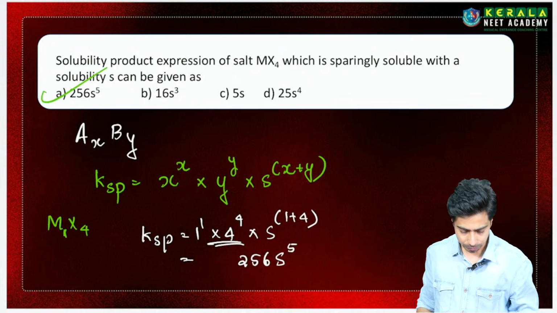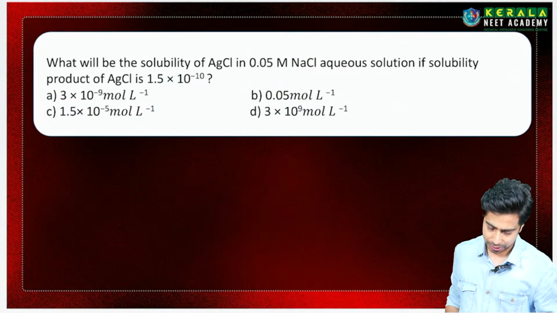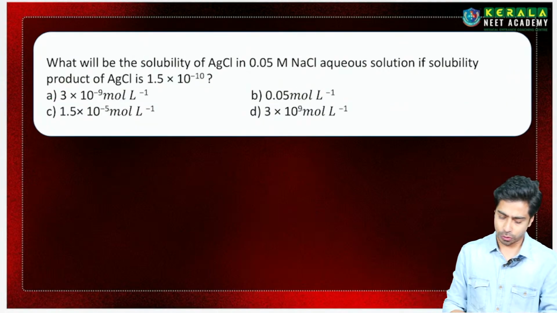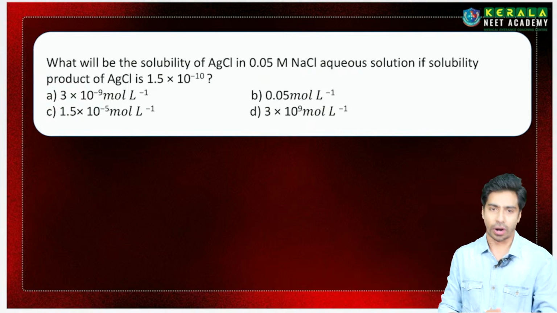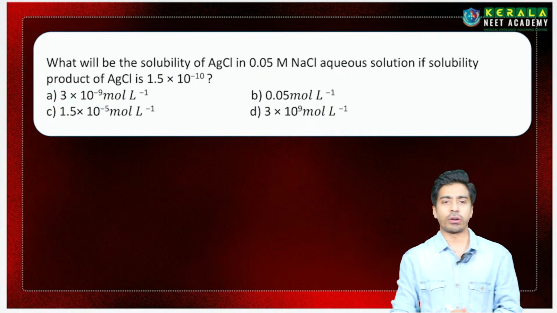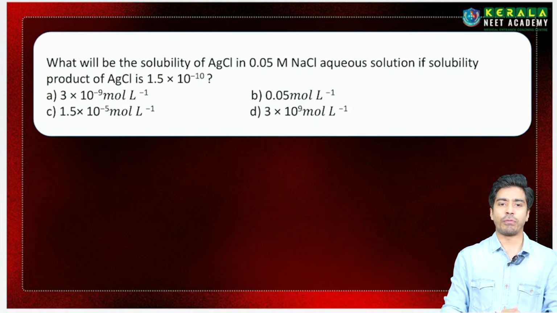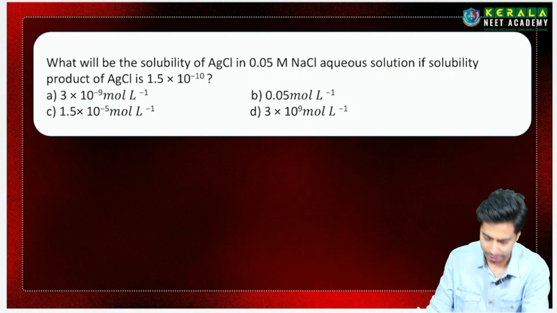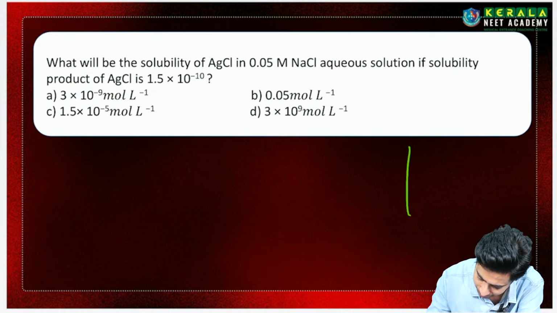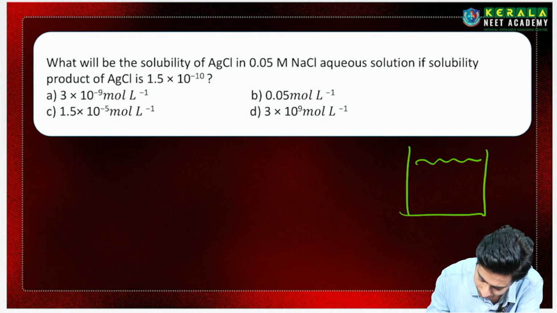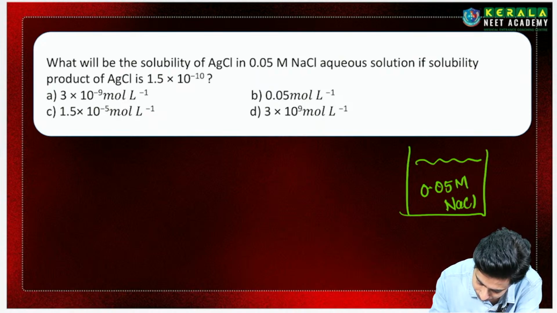Now we'll take the previous question. This was also one of the previous year questions, in 2020 or 2021. What will be the solubility of AgCl in 0.05 molar NaCl? Now you are dissolving it in 0.05 molar NaCl.